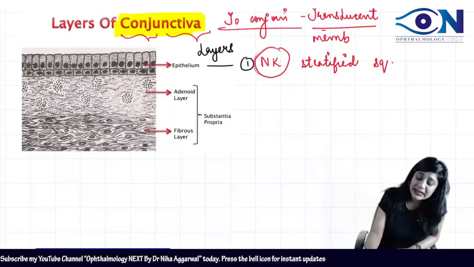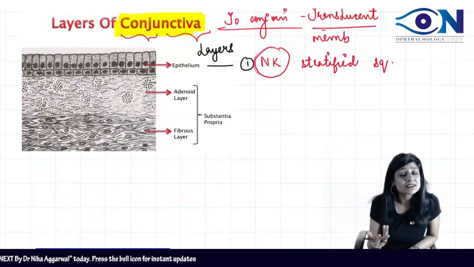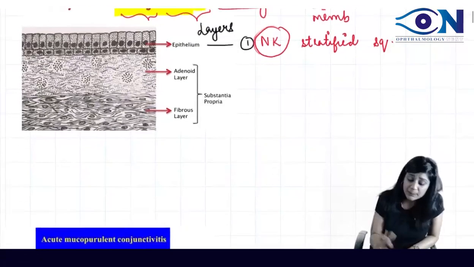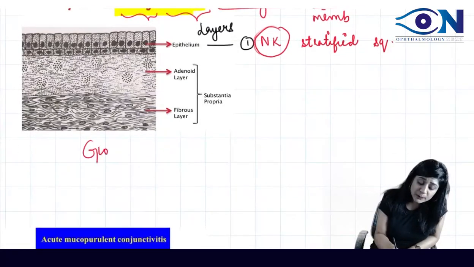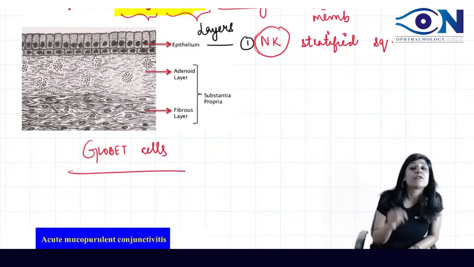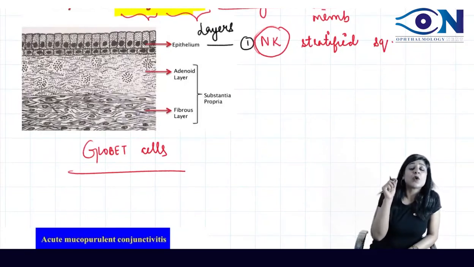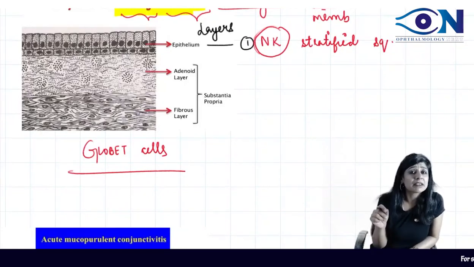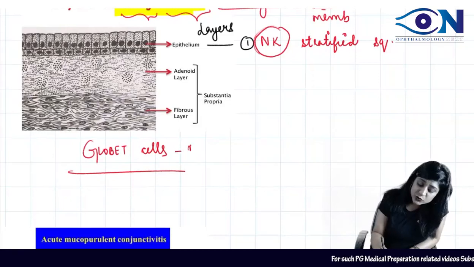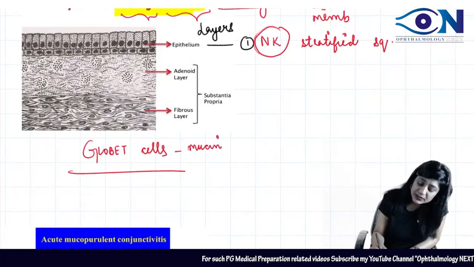So we have non-keratinized epithelium. Why is it not keratinized? Because we have got the goblet cells. Where do we have these goblet cells? They are present in all parts of the epithelium, and they help in mucin secretion.